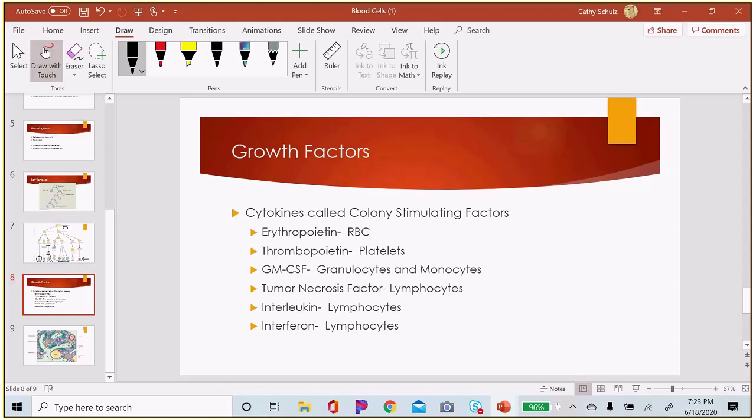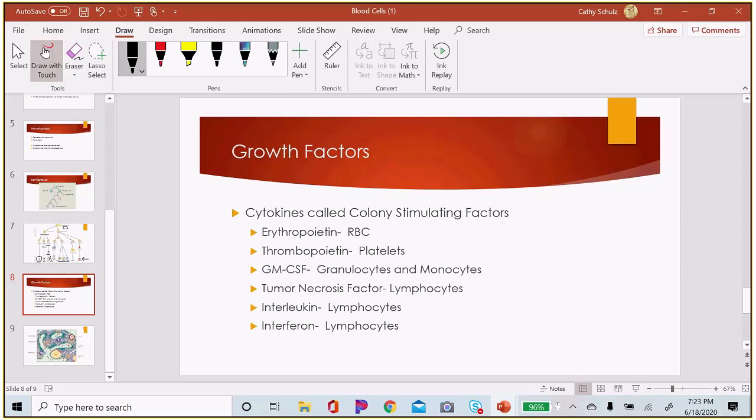And the bone marrow is told this by different colony stimulating factors or growth factors or cytokines. Those are all names for the same thing. It's a protein messenger that's telling the bone marrow to differentiate into particular cell lines in order to make the cells the body needs.